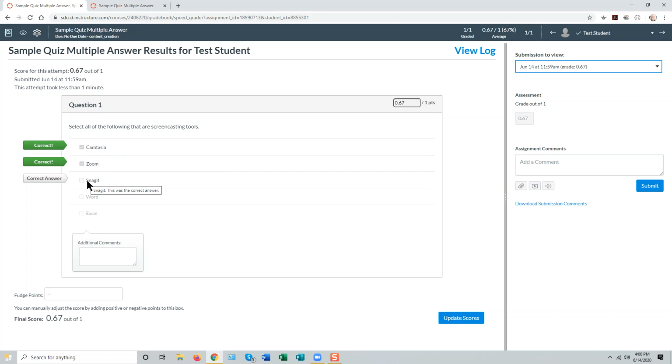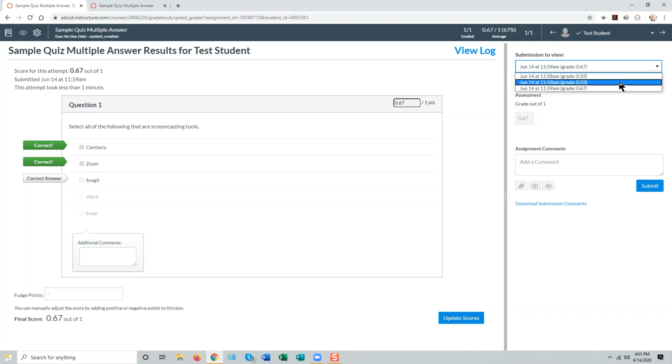Since there were 3 correct answers, each one of these correct answers is worth 33% or 0.33 points, since this is a 1-point question. So if we add those two together, we get 0.67, rounded off to 2 decimal places, 0.67 points awarded for this question.